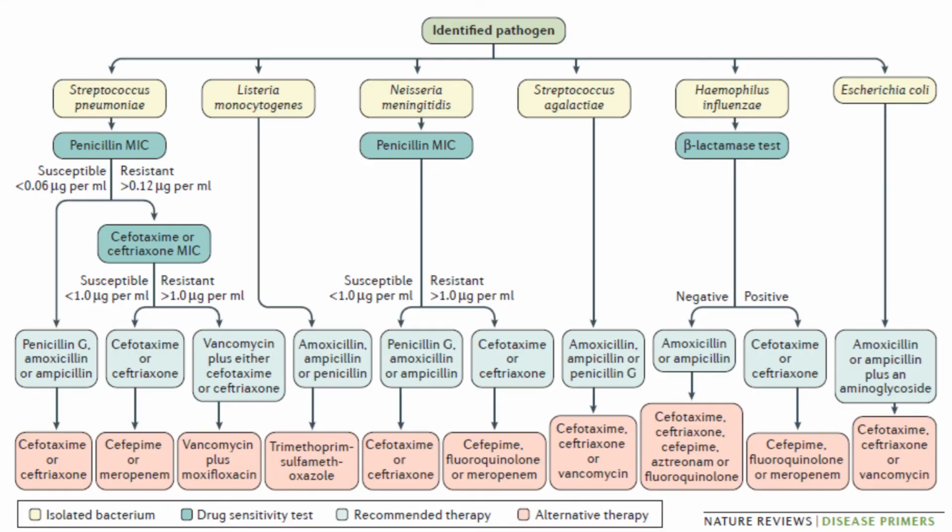When you know the pathogen, you should give specific treatment like this. If Streptococcus pneumoniae, check the penicillin susceptibility. Penicillin is our first choice. If not, ceftriaxone or cefotaxime is the option for penicillin-resistant strains. For Listeria monocytogenes, the first choice is ampicillin.